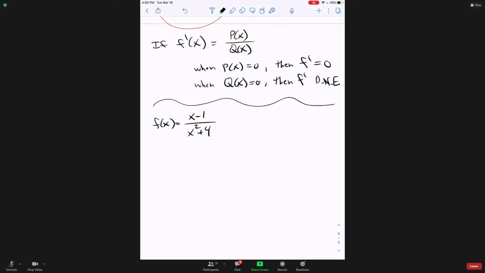In this case, remember the quotient rule, your favorite rule? Go ahead, take the derivative, use the quotient rule.